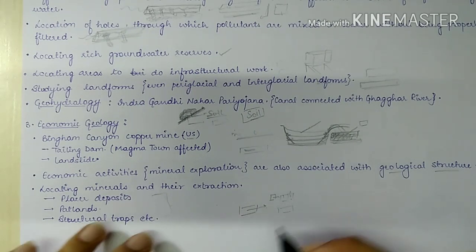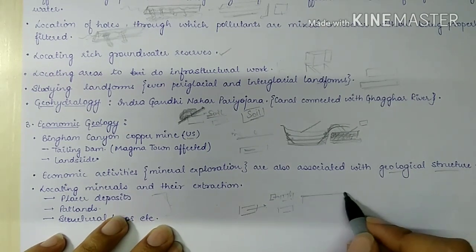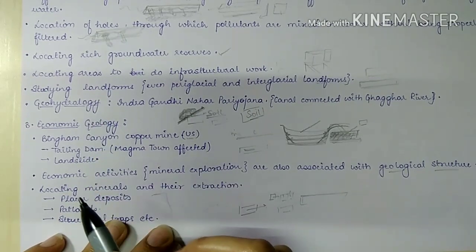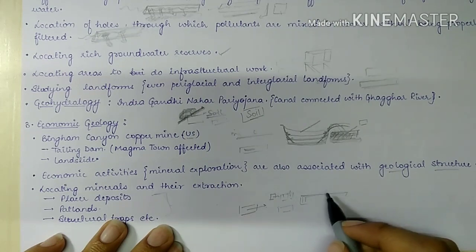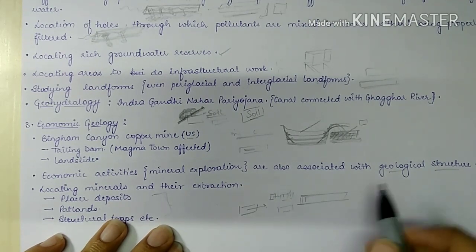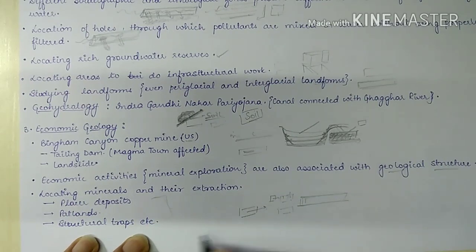So likewise, with these depositional features, we can locate these placers with the help of geomorphology, and we can use them for our economic purpose. Then we can locate mineral oil. This mineral oil is found in porous and permeable lithologies having a lower layer of impermeable rock, like sandstone and limestone that provide the ideal condition for its location.